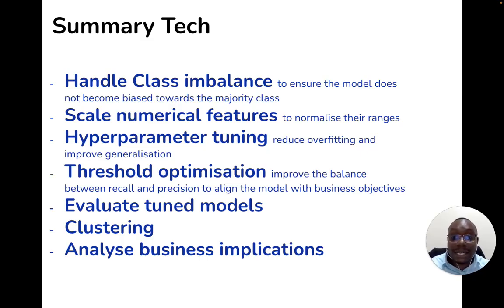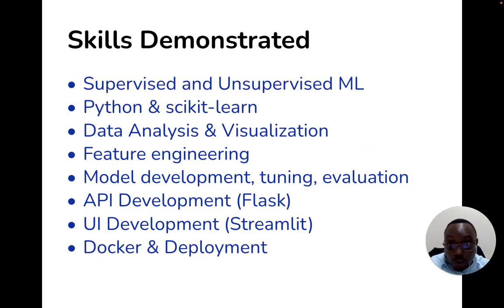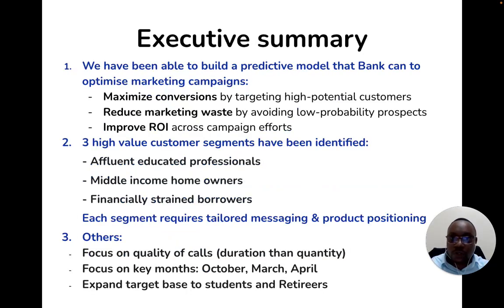Do clustering and analyze business implications. This project requires very many skills: supervised and unsupervised machine learning techniques, Python and scikit-learn, data analysis and visualization, feature engineering, model development, tuning and evaluation, API development with Flask, UI development with Streamlit, Docker and deployment. Really end-to-end machine learning skills.